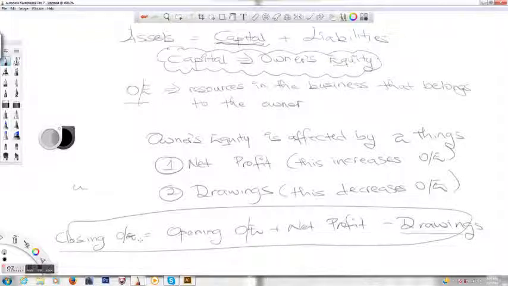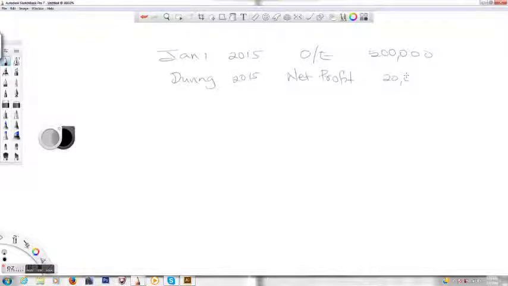So we can look at an example of this. For example, at the beginning of January 2015, owner's equity was, say, 500,000, and during 2015 the company made net profit with a value of, say, 20,000, and during the same year, the 12-month period, the owner withdrew resources out of the business adding up to $5,000 in total.